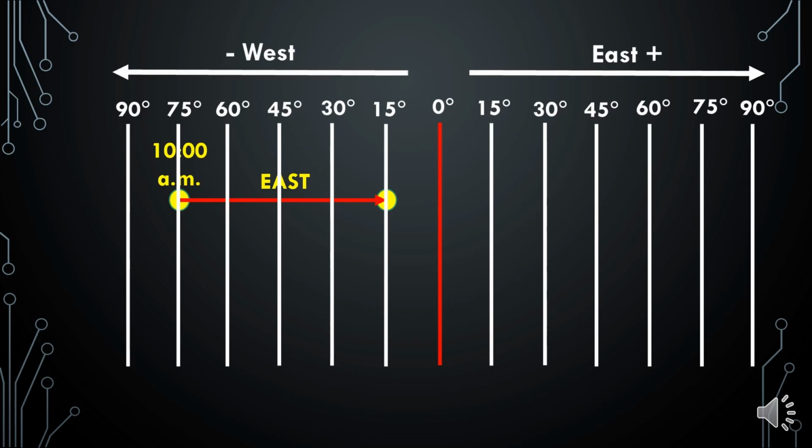Remember, the further east you travel towards the Greenwich Meridian or beyond the Greenwich Meridian, the more time you are gaining. And because you're gaining time, in order to calculate the time at a particular location going eastwards, you must add.